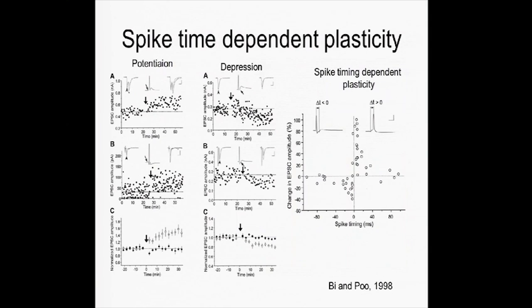Okay, so this is a very famous paper by Bi and Poo, don't laugh. Normally what they do is they stimulate the presynaptic cell really fast, and then you see an increase in connection. But they said, let's not stimulate really fast. Let's stimulate the presynaptic cell and the postsynaptic cell, and we'll change the timing, whether they stimulate the presynaptic cell before the postsynaptic cell or after.